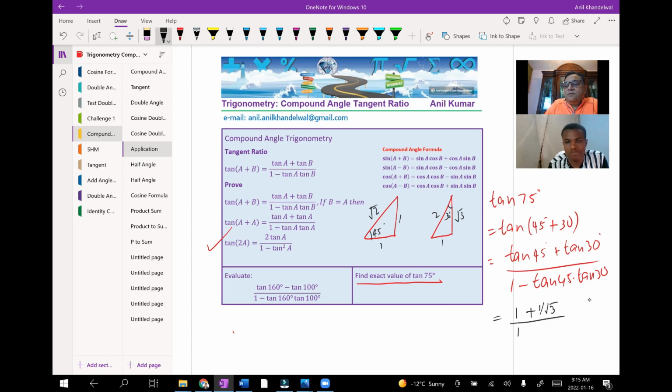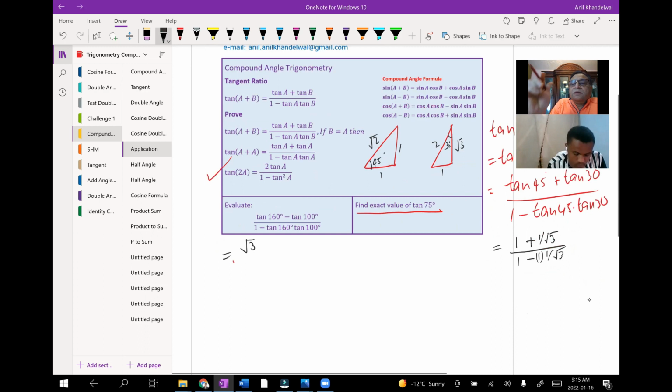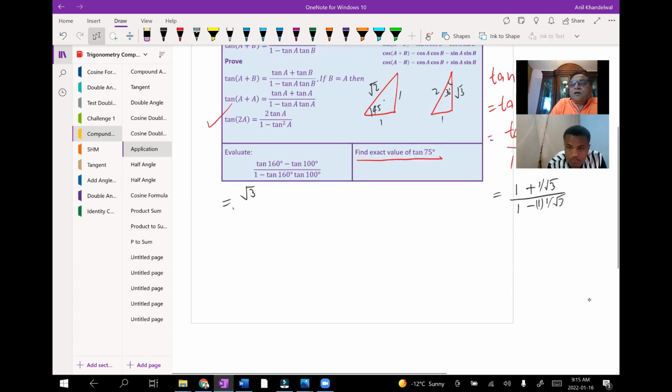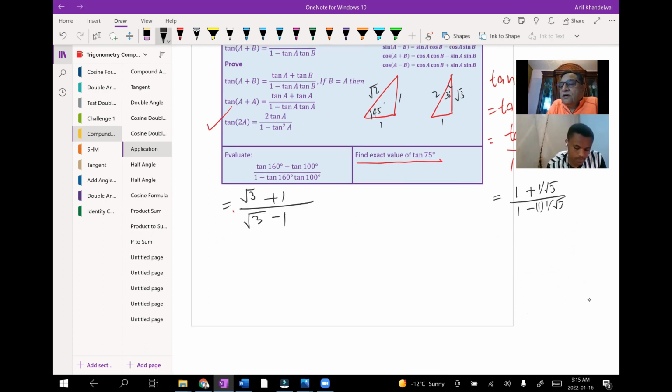And here we get 1 minus 1 times 1 over square root 3, right? You can actually multiply by square root 3 and then rewrite this. So we have square root 3 plus 1 over square root 3 minus 1 in our answer.